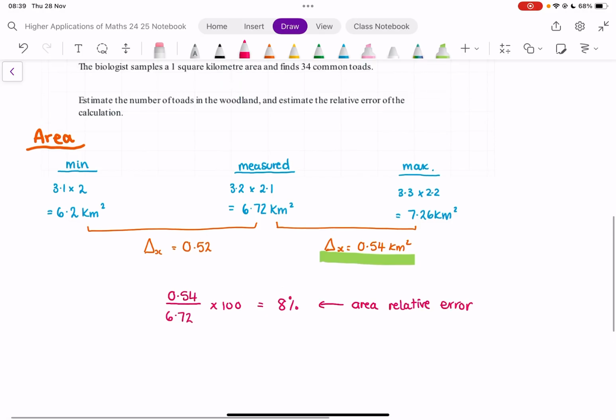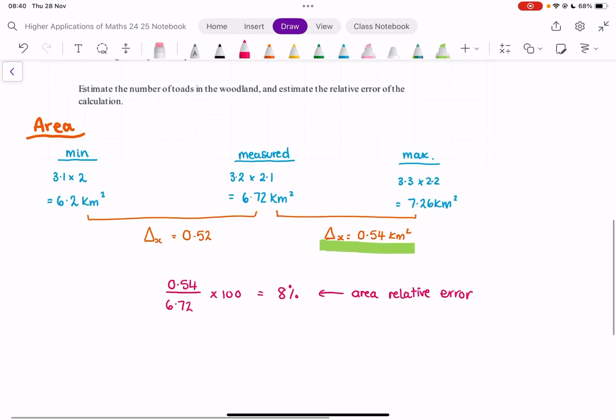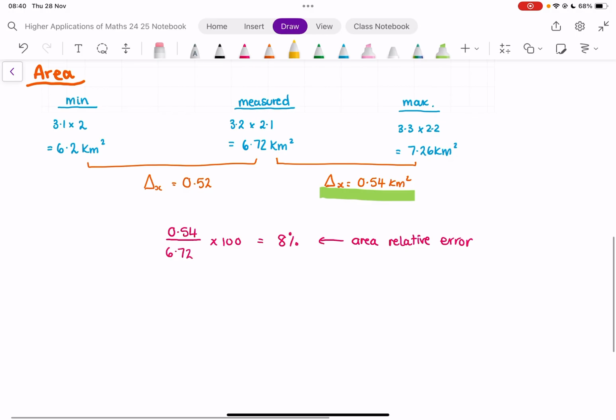So it's asking me to estimate the number of toads in the woodland. Now that I've got the measured area of 6.72, if I take 6.72 and multiply that by 34, because there are 34 toads in a 1 kilometre squared, that's given me 228.48 toads in the woodland. However, there is an error for that.